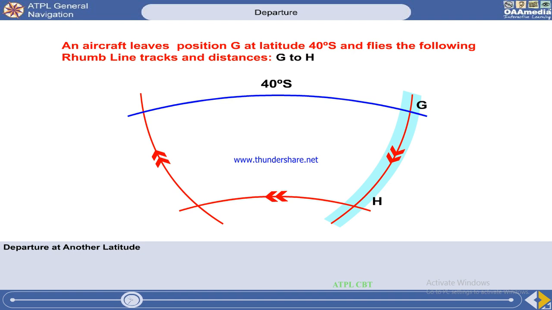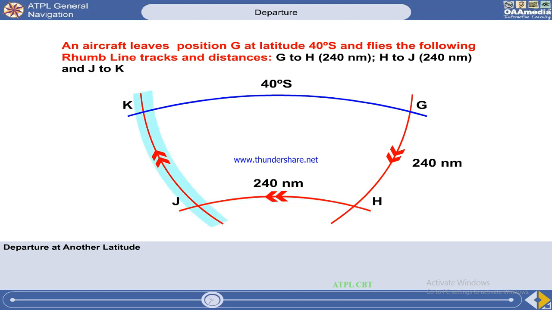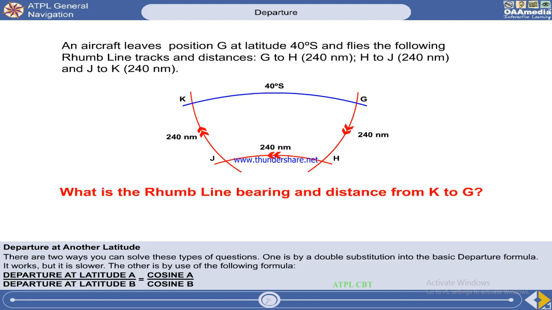Track 180 true, distance 240 nautical miles, H. 240 nautical miles, J to K, track 000 true. What is the rhumb line bearing and distance from K to G?